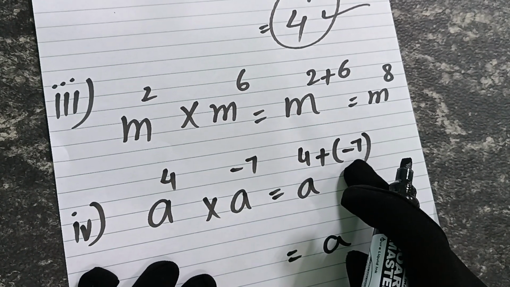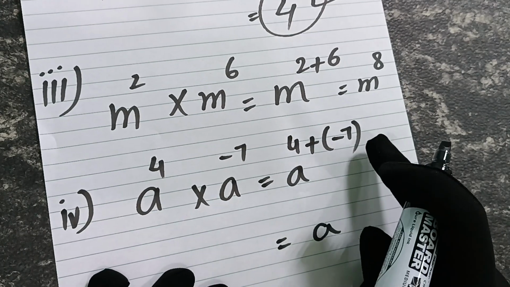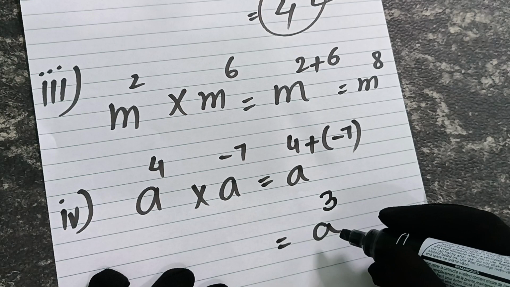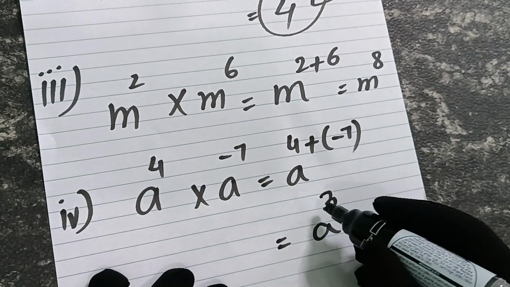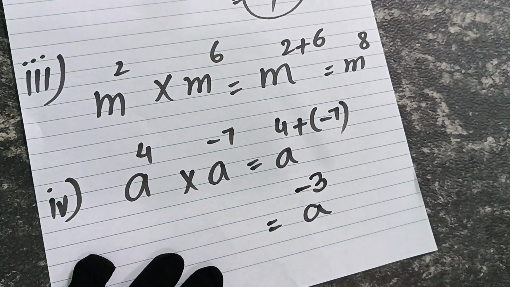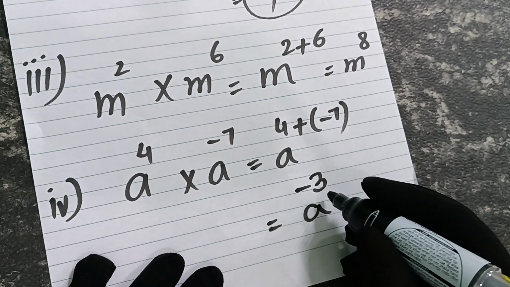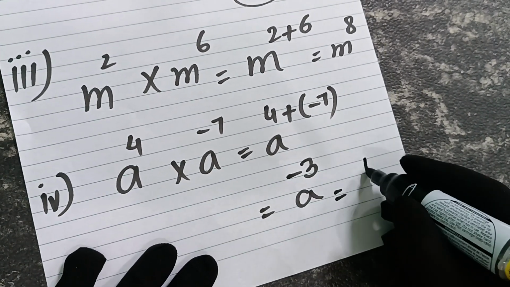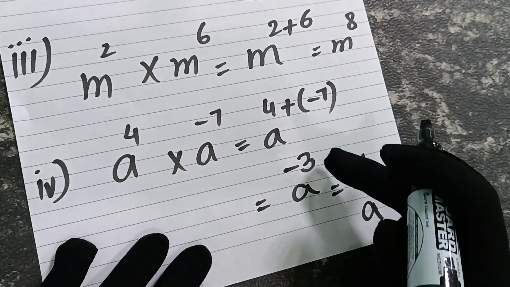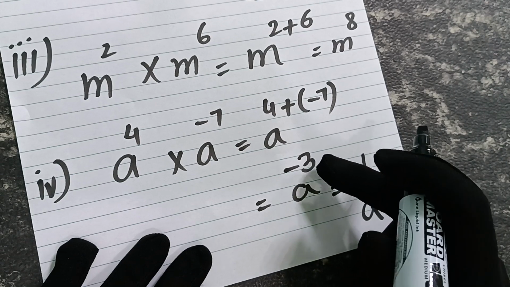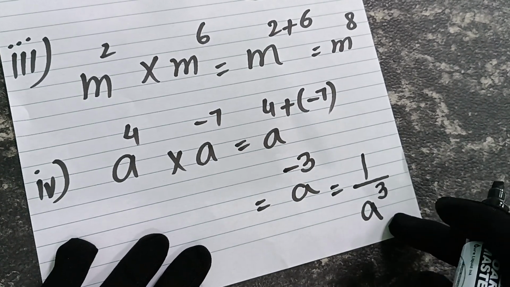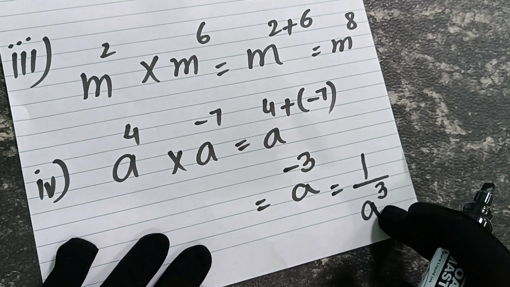When opposite integers are added, we subtract the digits: 7 minus 4 is 3, and the sign of the bigger digit will be written, negative. So minus 7 and plus 4 gives minus 3. Minus 3 we can change to a cube by taking the reciprocal, and the index becomes positive. We will discuss this law also later.